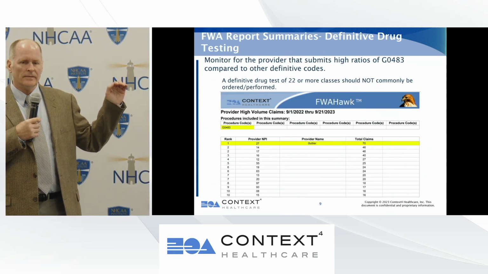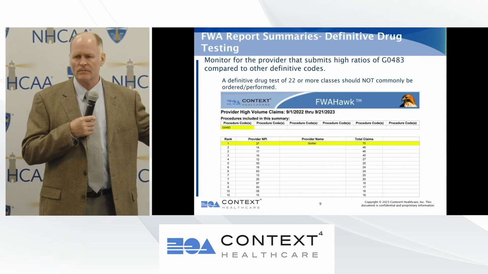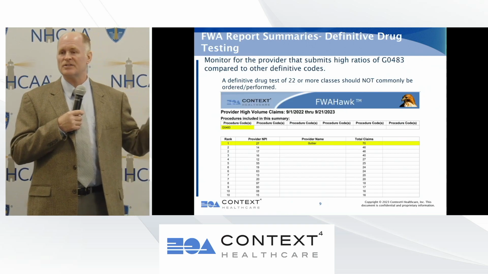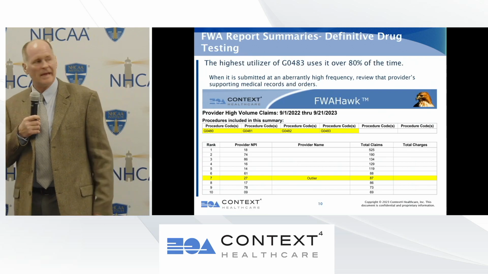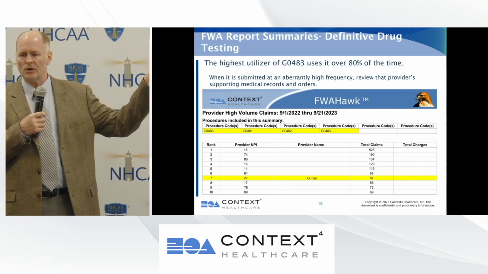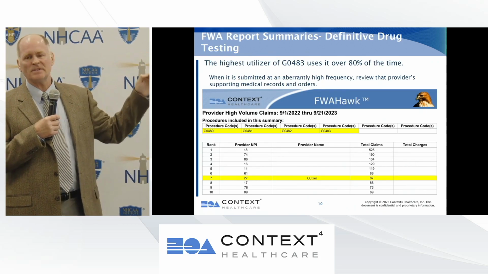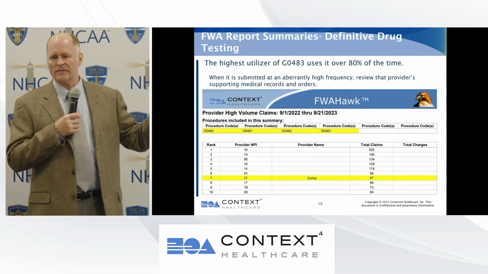So we wanted to see how this particular provider stacked up to the other providers in the same group. So we ran another report. If you can flip that. This is another report where we looked at all 4 of the definitive drug testing codes. So this lists the top 10 providers in the same sample, in the same interval of time.